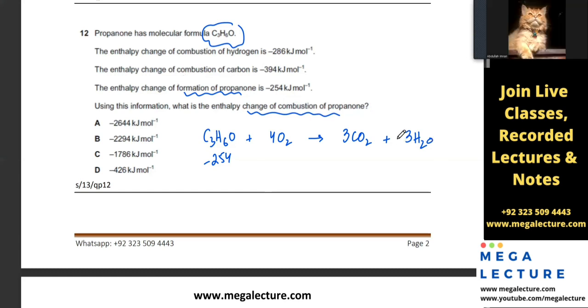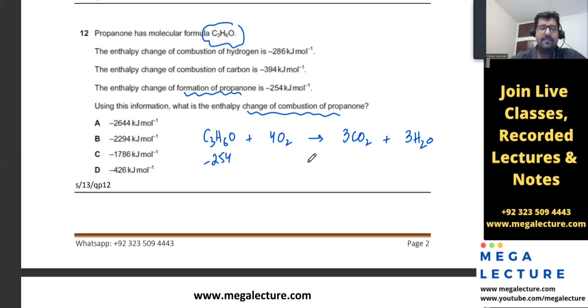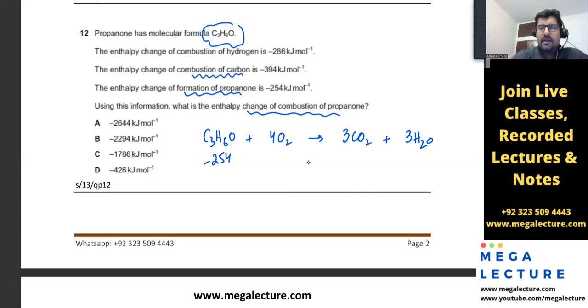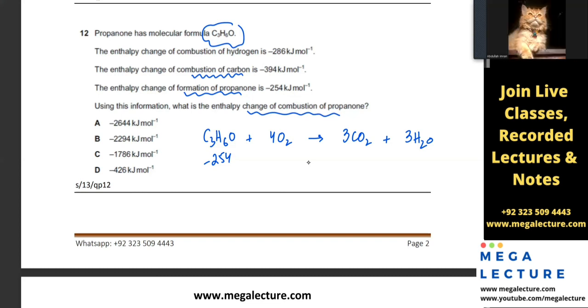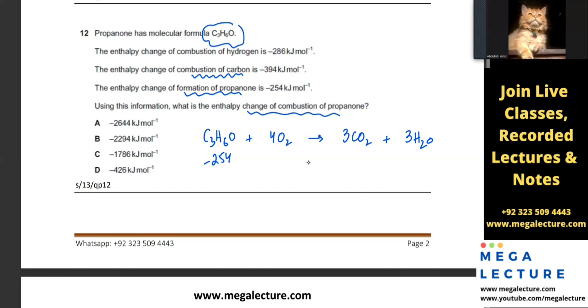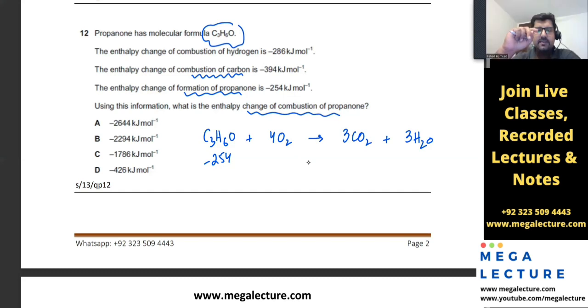But they didn't give me the formation of these two things. Can I still apply the formula? No. Remember this: the formula only applies in an equation where you know all reactants and products, all their formations, or you know all their combustions. This mixed kind won't work, okay? You can't have both things.